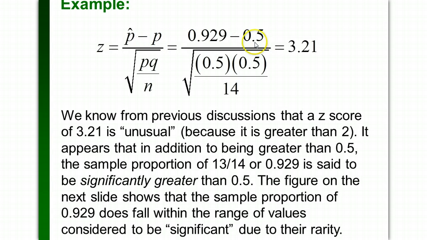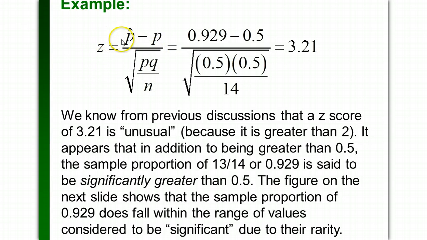That's the 50-50 shot of having a boy or a girl. This p is the same p from above, that same 0.5. Remember, q is 1 minus p, so 1 minus 0.5 is another 0.5. And n is the sample size. All we're doing is plugging into the formula that we talked about in the previous video. This is a z-score.